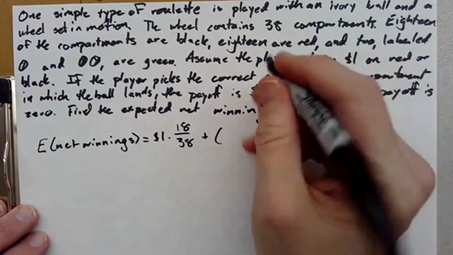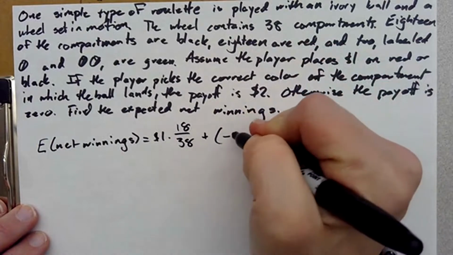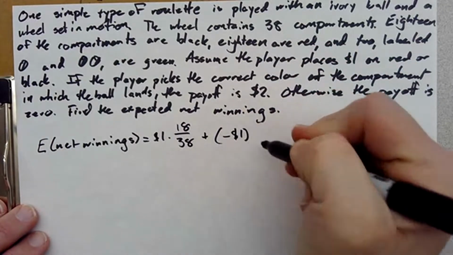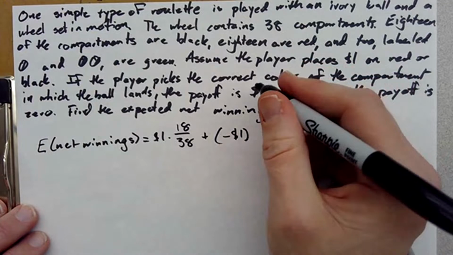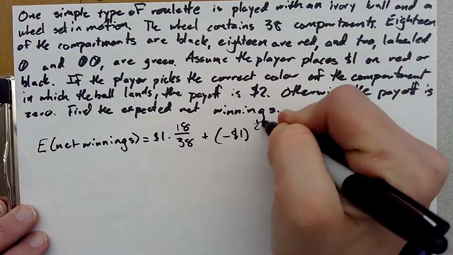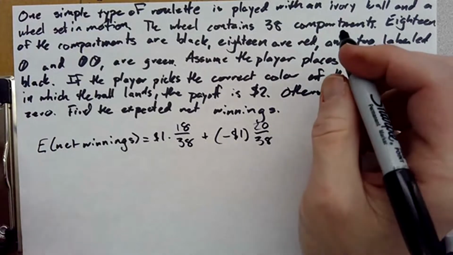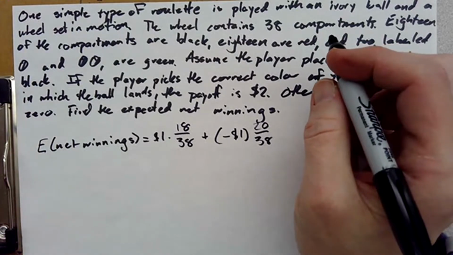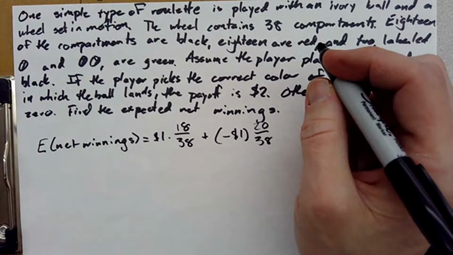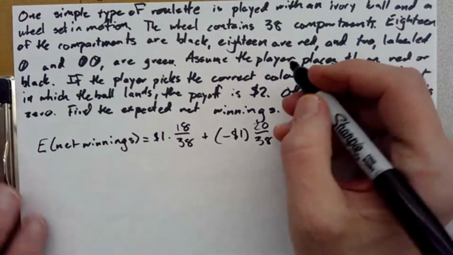If you guess incorrectly, you lose $1. And that can happen 20 out of 38 times. This, of course, assumes you don't bet on green because green comes up only 2 out of 38 times. It's generally a bad bet.